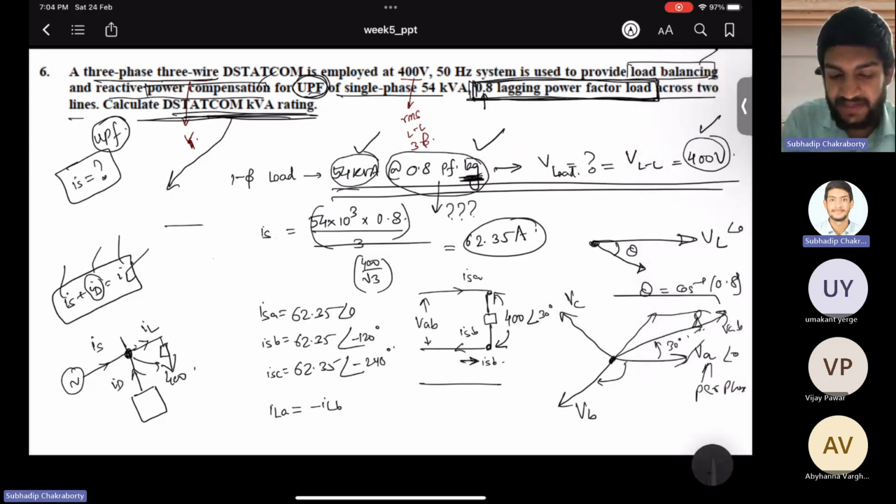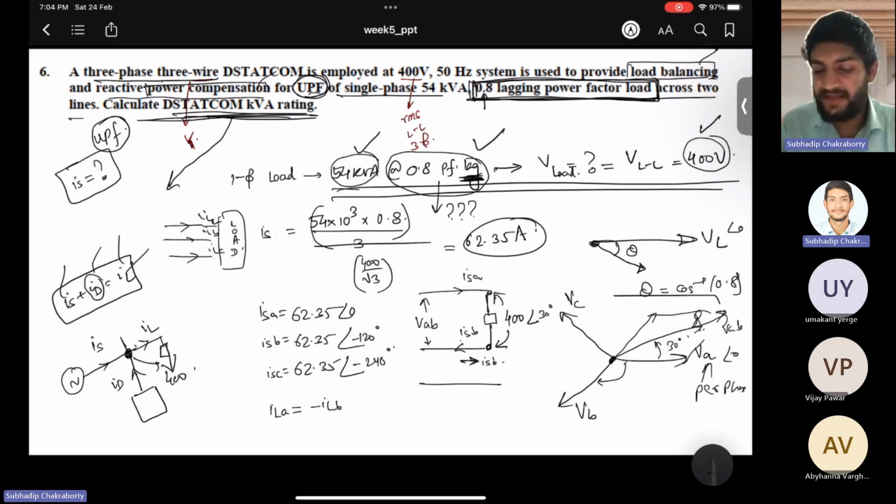Like, for example, you have three lines. We write ILA, ILB, ILC, where the load is drawing some current. Using that convention, this current is opposite to that. So it is ILB, not ISB; they're all load currents.